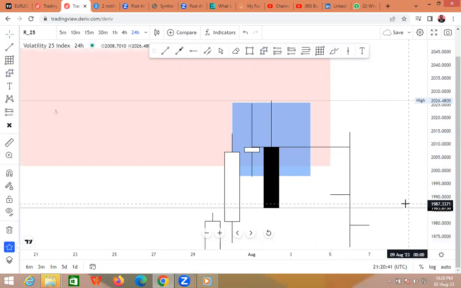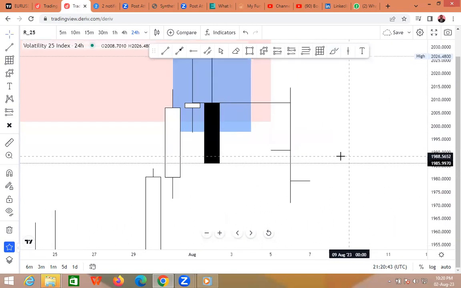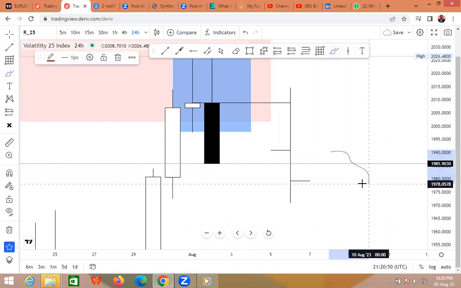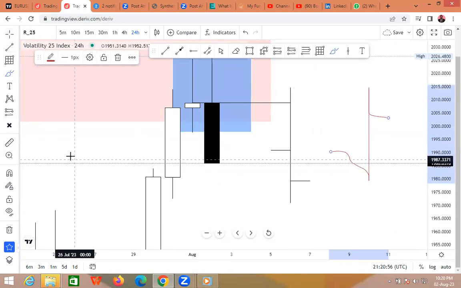This is the formation of a candle. If it's going to be bullish, if it opens, it first of all sells, then it will buy, then it will come and close. That's the formation of a candle.